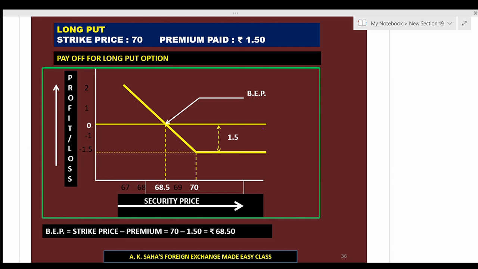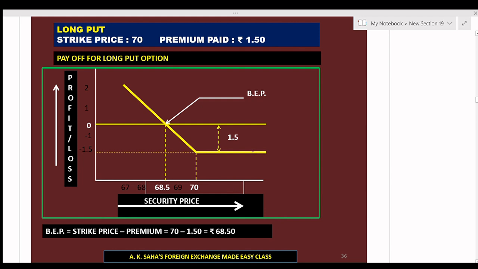Here the strategy of the buyer in the long put: when the spot price decreases to less than the strike price, then he will purchase from the market and sell it at the strike price, because it is a contractual agreement. So here you see the diagram will be this.